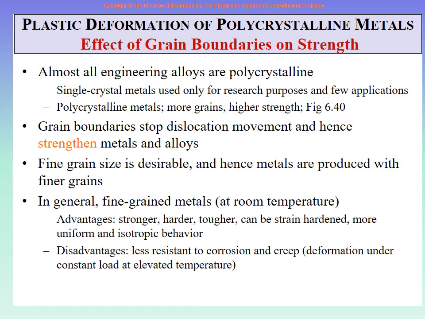If there are only 5-10 grains, then there are grain boundaries for only 5-10. But if there are a million grains, then there are millions of grain boundaries, right? So fine grains mean more grain boundaries, and grain boundaries increase the strength. So therefore, fine grain size increases the strength.